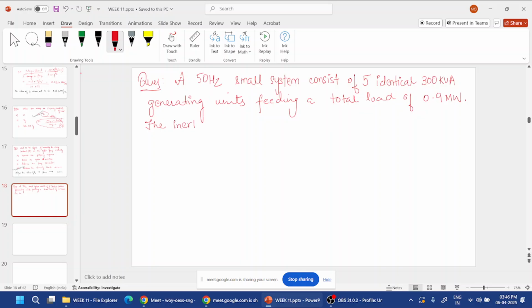The inertia constant H of each unit is 6 on 300 kVA base.